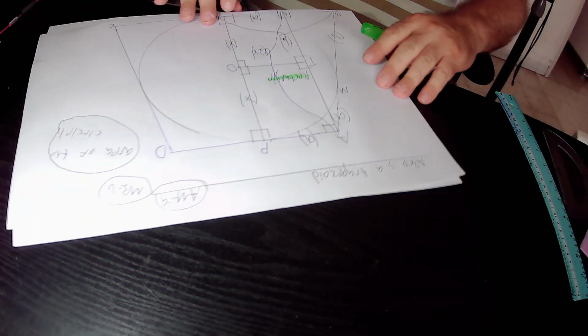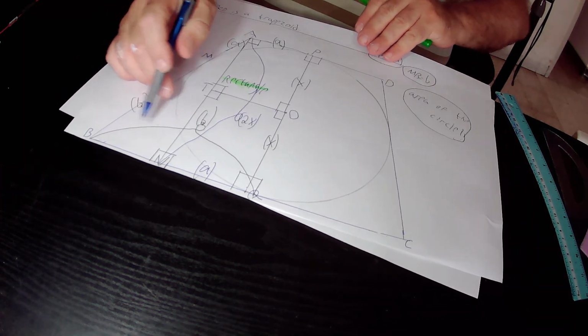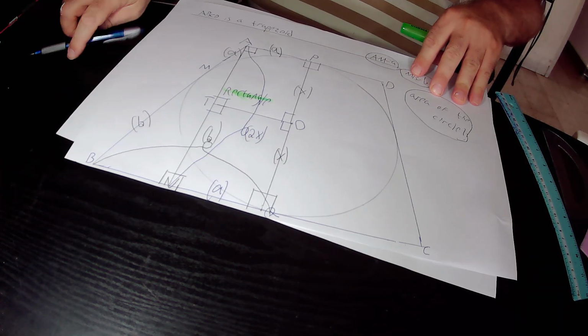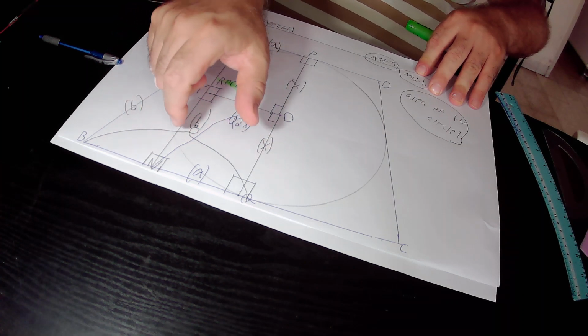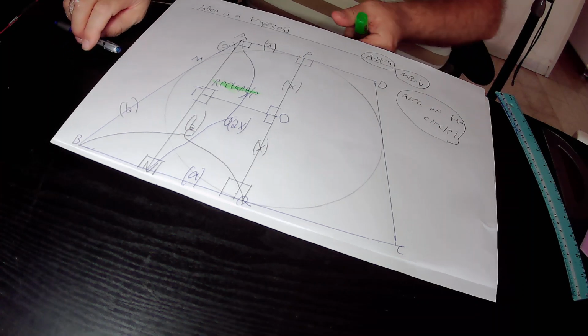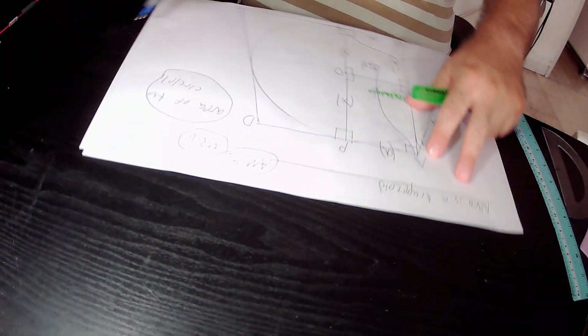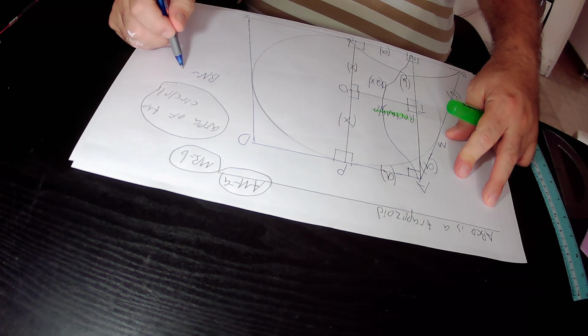What is the length of the missing line segment, BN? It is very easy to see from the drawing that BN equals BQ minus NQ. So I write it down: BN equals BQ minus NQ.